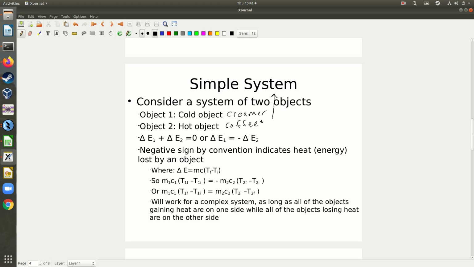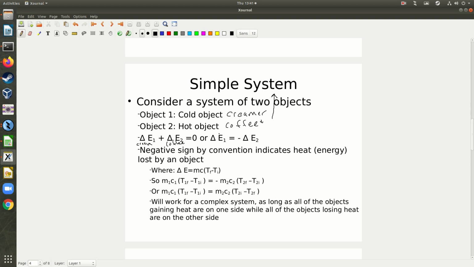The energy gained by your creamer plus the energy lost by your coffee is going to equal 0. Because if, let's say, we have it in a really good thermos, then we are not going to lose energy to the environment.